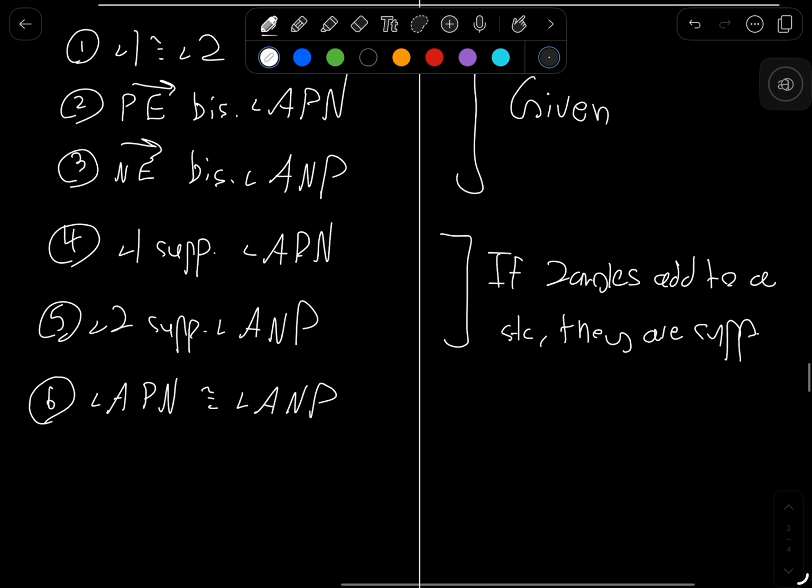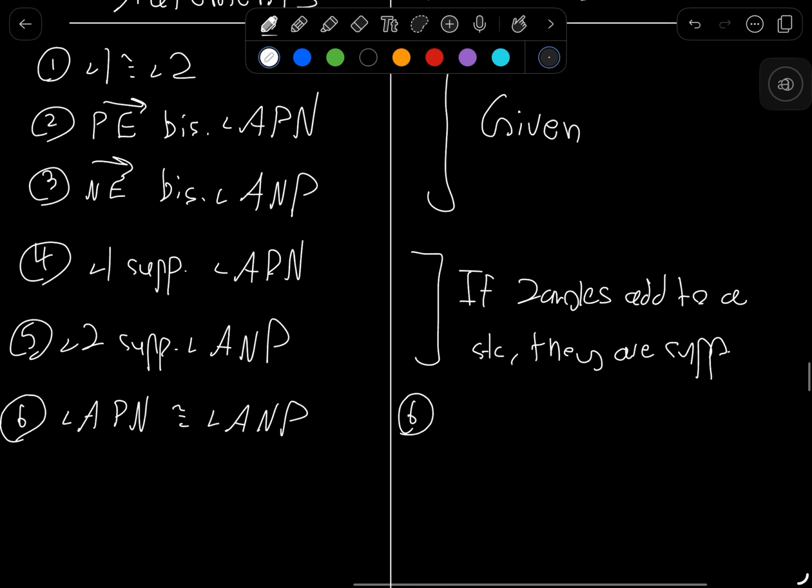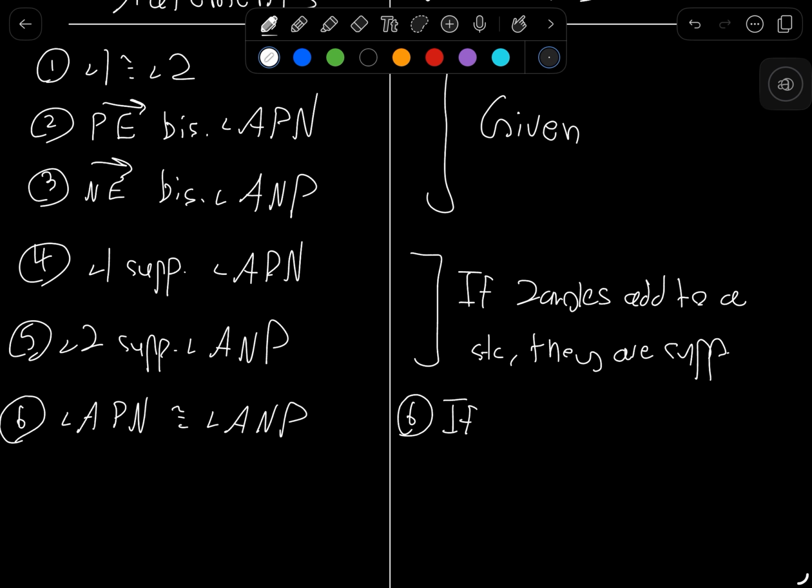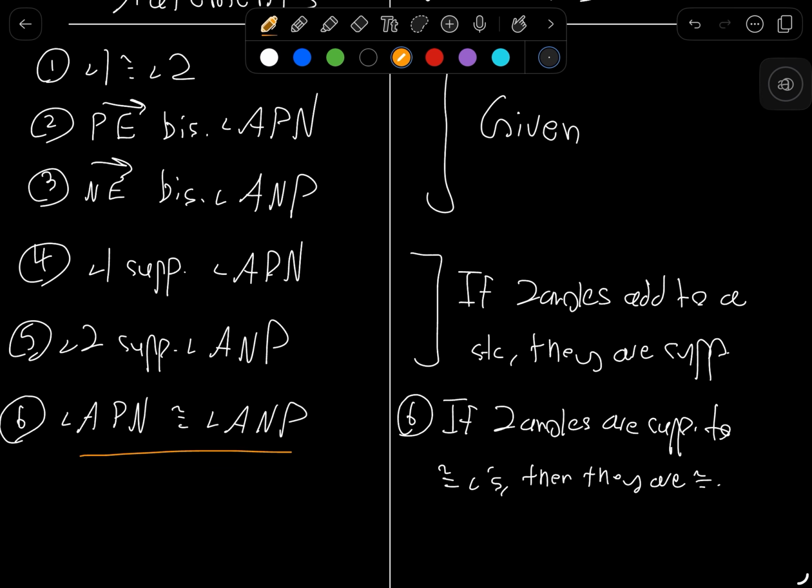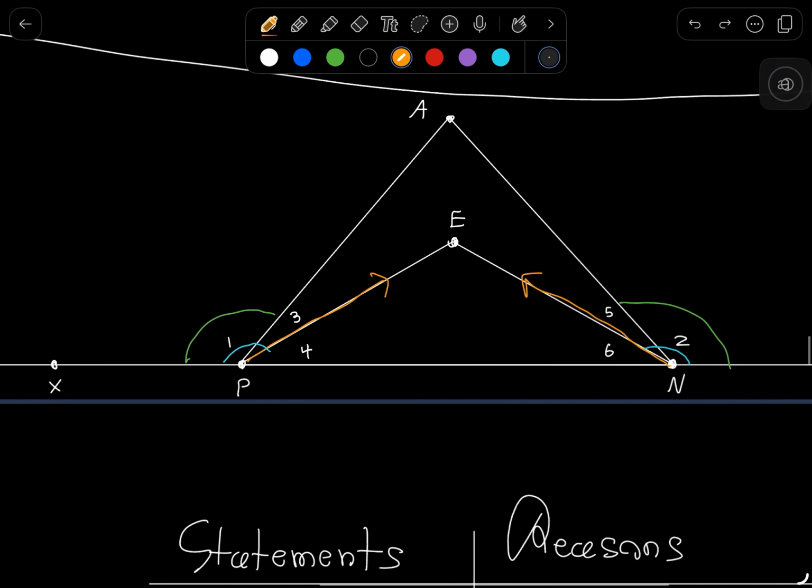The reason is, if two angles are supplementary to congruent angles, then they are congruent. Congruent supplements, remember? So now what we have done is proven that APN is congruent to ANP, once again, APN here and ANP here.